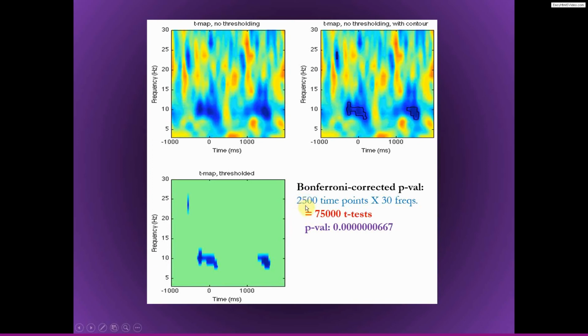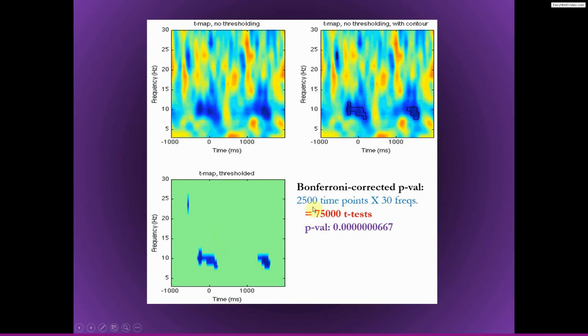Conversely, if you really wanted to get no significant results, you could upsample this map by a factor of 100, and then you'd have thousands, tens of thousands of time points, and the p-value would go down by orders of magnitude, even though the results haven't changed at all. You haven't changed these blue blobs here.